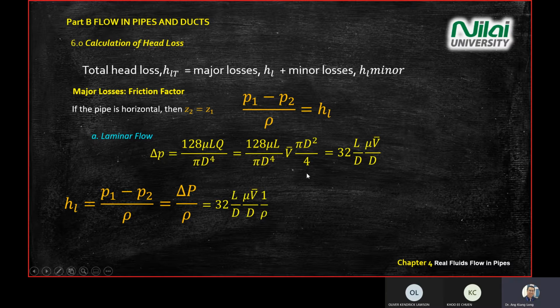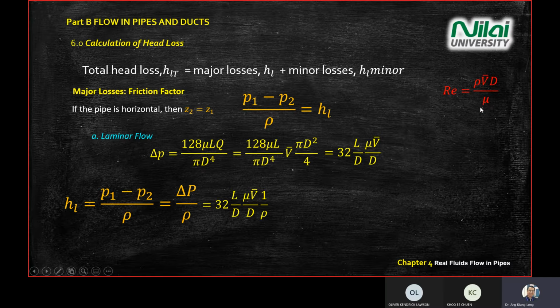Then you can see your major losses will be equal to 32 mu L over D, where mu is the dynamic viscosity. Take note, this is dynamic viscosity. V hat is the average velocity, divided by D squared times rho.